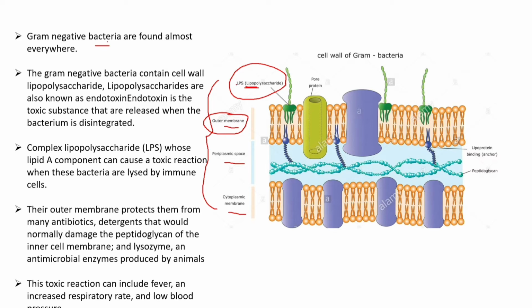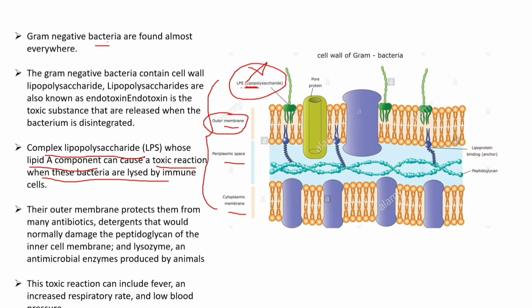And these are released when the cell gets lysed. The complex lipopolysaccharide, whose lipid A component can cause the toxic reaction, is released when these bacteria are lysed by the immune cells. If the bacteria get inside the body, our body starts the immune response against that bacteria.